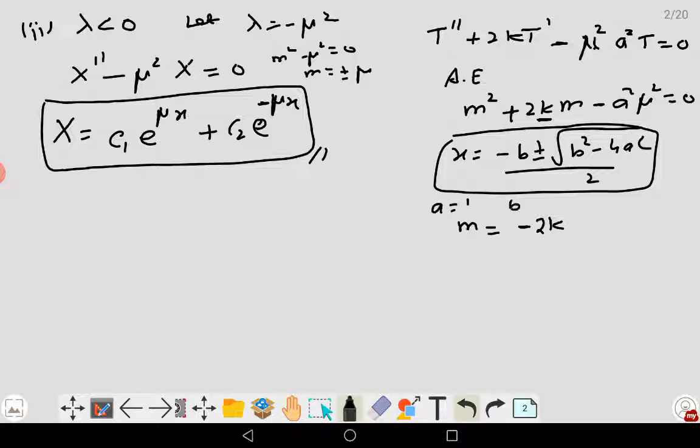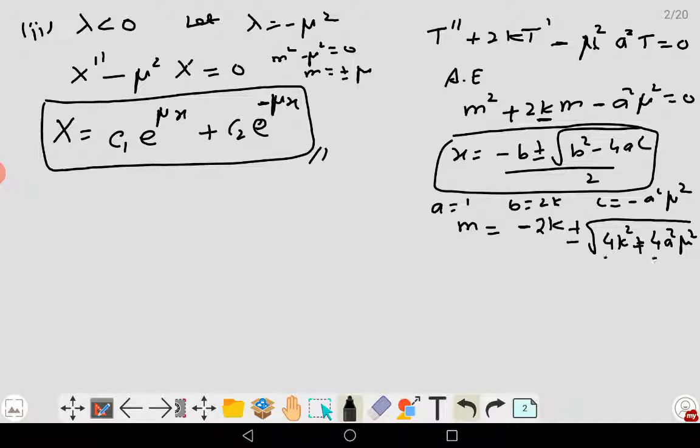Write down here, a is 1, b is 2k, c is negative alpha square mu square. Substitute in this formula, plus or minus root of b square, 4k square, minus 4ac. 4, a is 1, c is, so this will be plus alpha square mu square, isn't it? That is what m is.